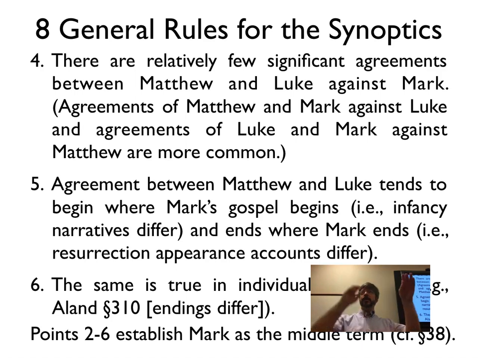Or there was Mark and Q, and Matthew and Luke were each using Mark and Q. But the more complicated it gets, the less likely we're going to have any chance of actually reconstructing what happened. I think in your reading, you saw a couple of those more complicated models, where you've got a Mark and a proto-Luke, and then they're changing and interacting with one another. That's probably more like what happened, but it's impossible to really reconstruct a process that complicated. Does that make sense?